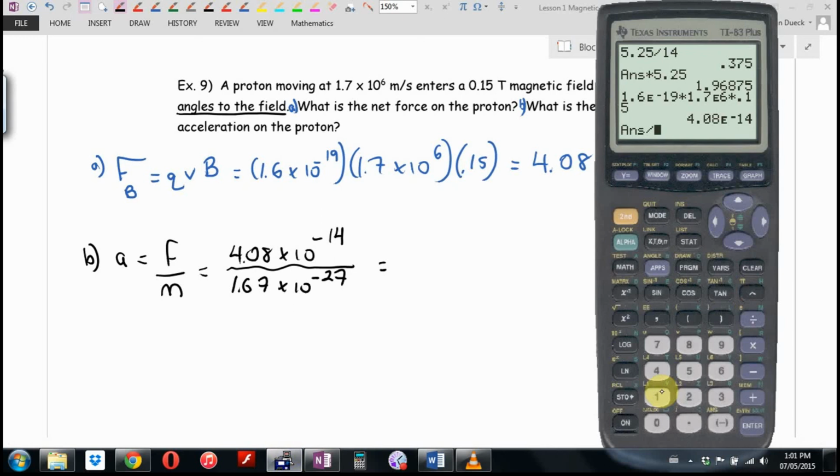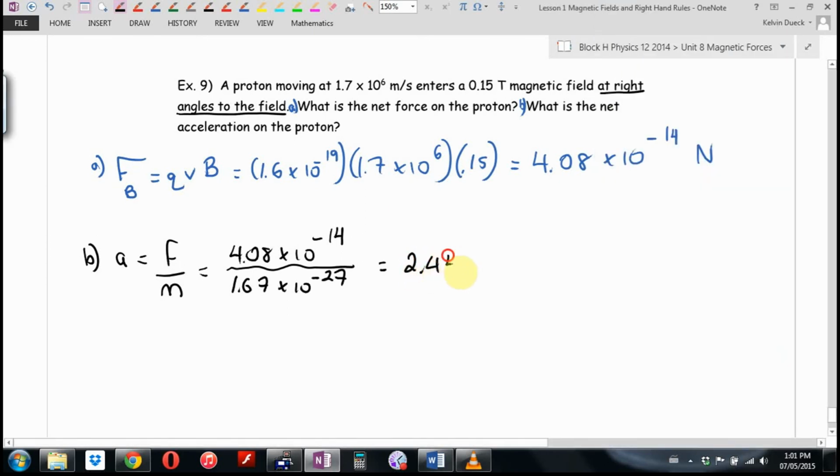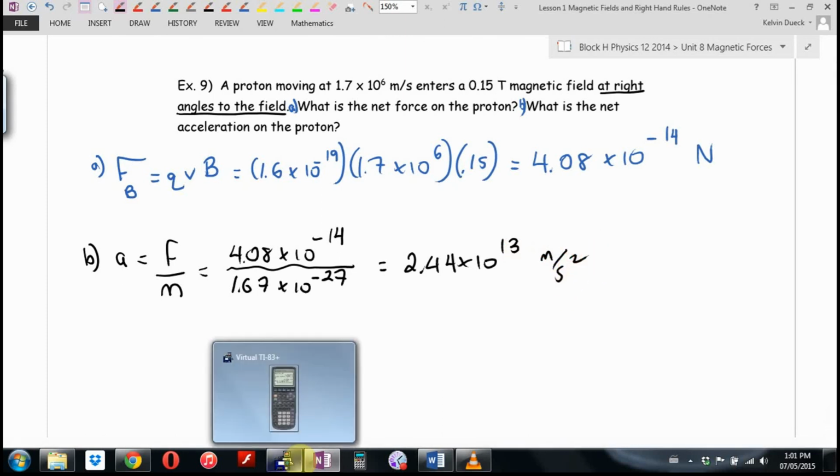Divided by 1.67 times 10 to the negative 27. And you get a pretty stinking big acceleration. 2.44 times 10 to the 13th meters per second squared. Or if you divide by 9.8, I think it's several trillion Gs.